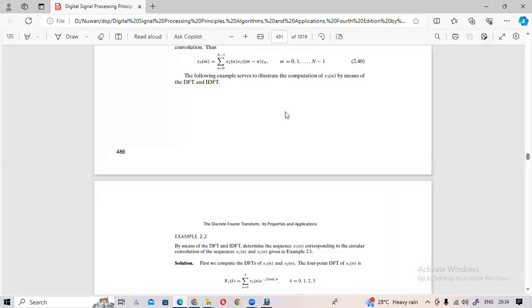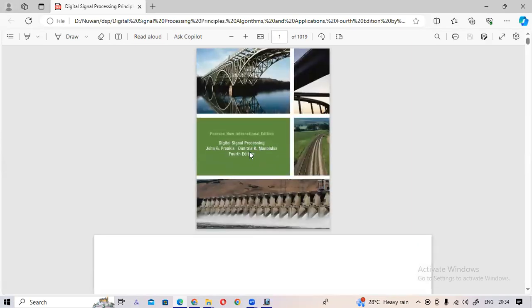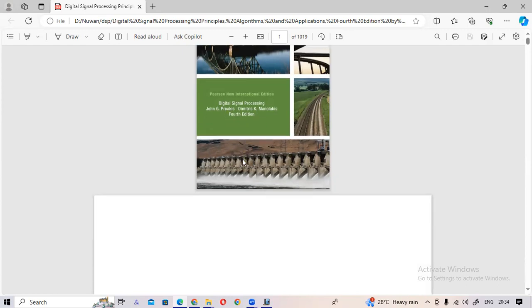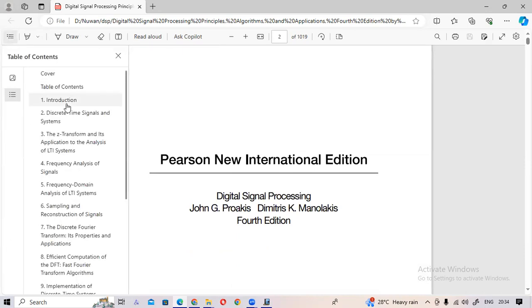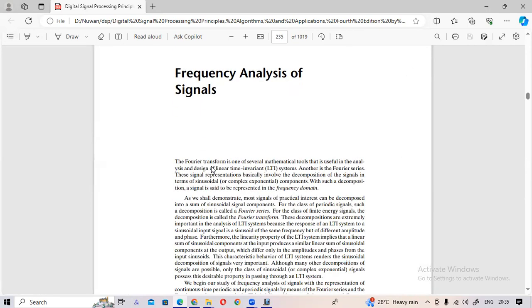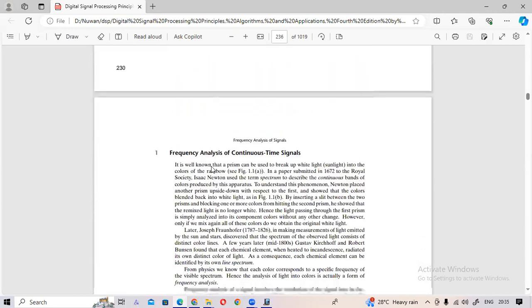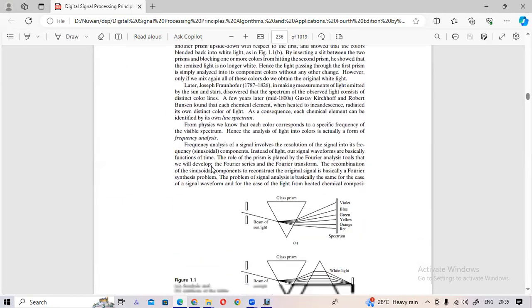This is the reference book, Digital Signal Processing by John Hawkins. This is your reference book. Now if we see the chapter, this one, frequency analysis of the signal. Actually, in Fourier analysis, we are analyzing the frequency. It is some kind of frequency analysis. I will tell you later.